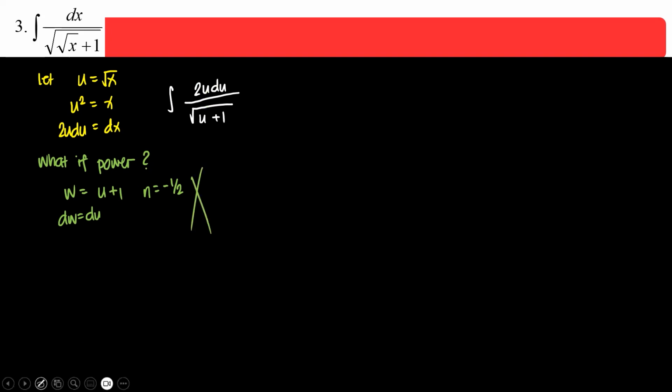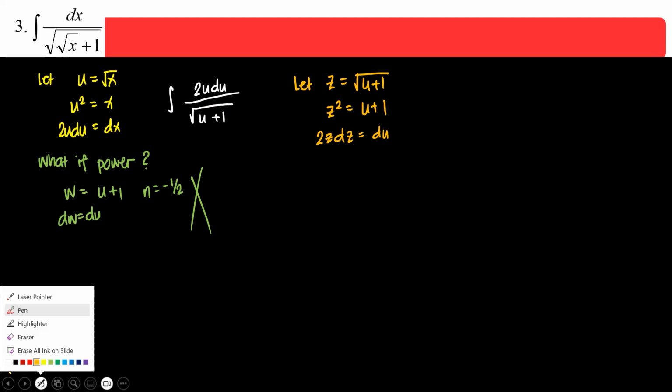So what we will do here is maybe another substitution. Let's just say z be equal to the square root of u plus 1. Therefore, z squared is u plus 1, 2z dz is du. Right? Okay.